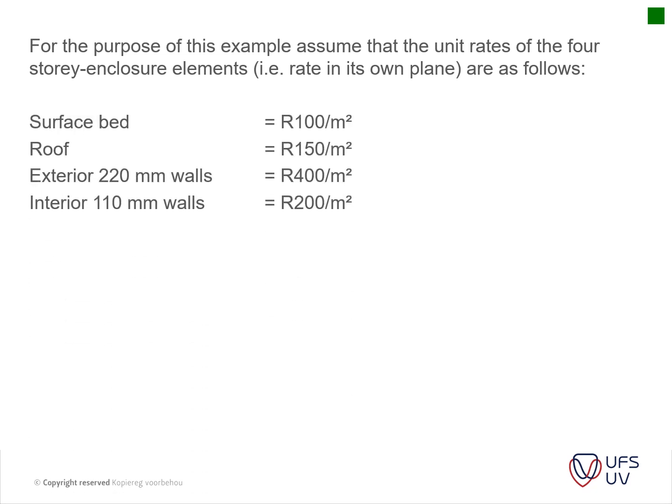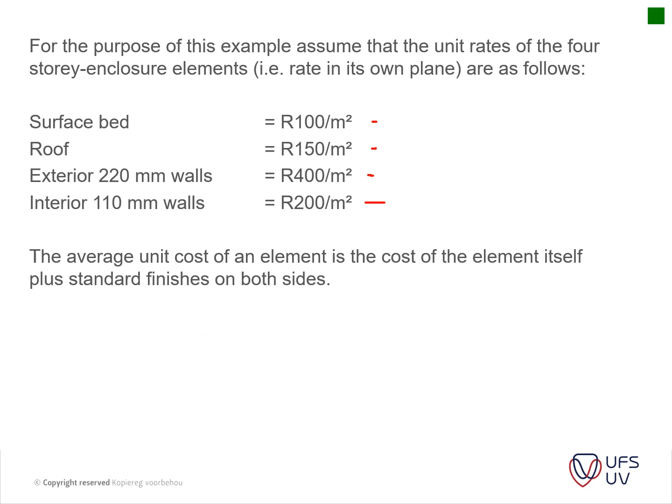We've got the surface bed, which is 100 Rand per square meter, the roof area, which is 150 Rand per square meter, the exterior walls, which is 400 Rand per square meter, and the interior walls, which is 200 Rand per square meter.